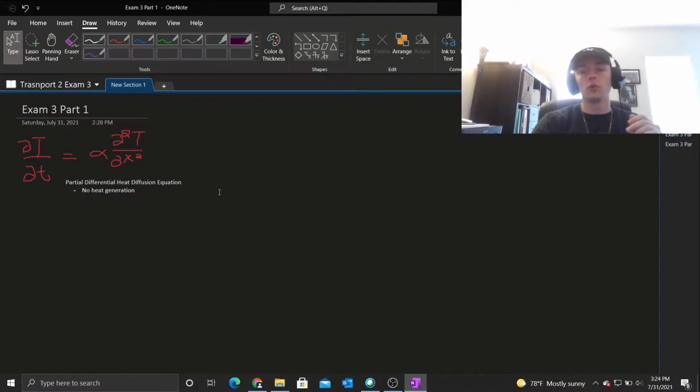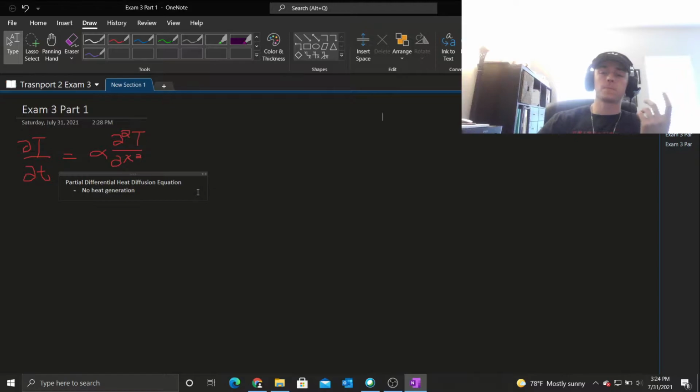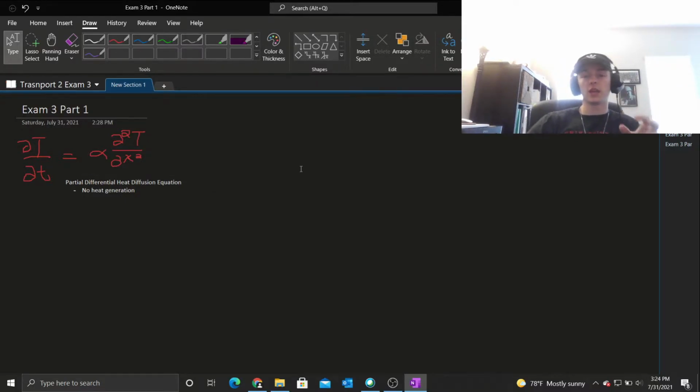Okay, so what we're going to do today is show that functions of the form exponential of negative alpha k squared t times exponential of i k x are solutions to this partial differential heat diffusion equation.